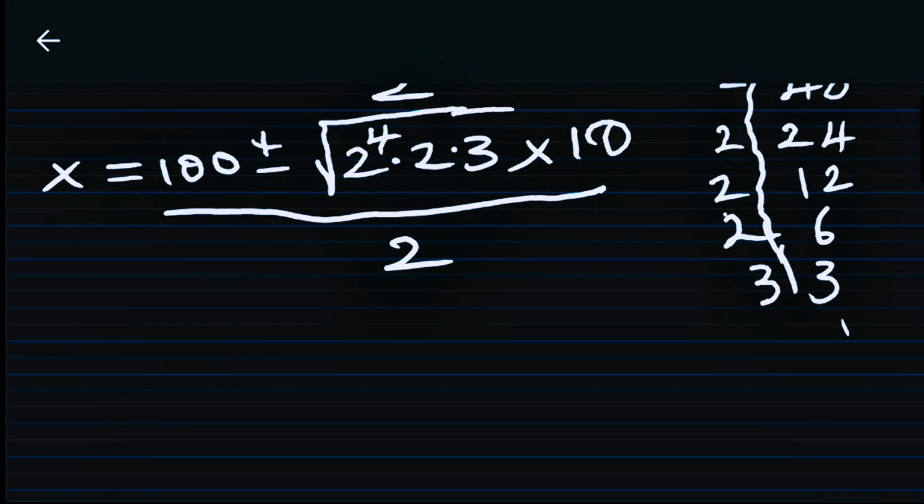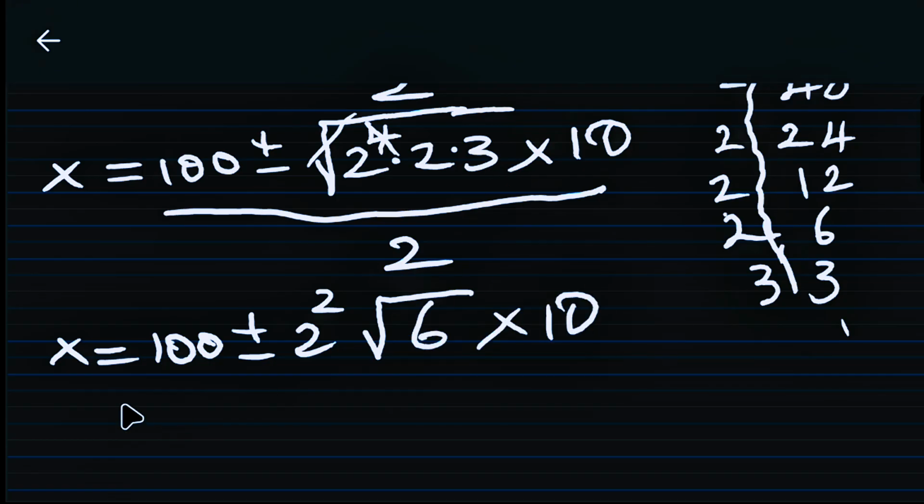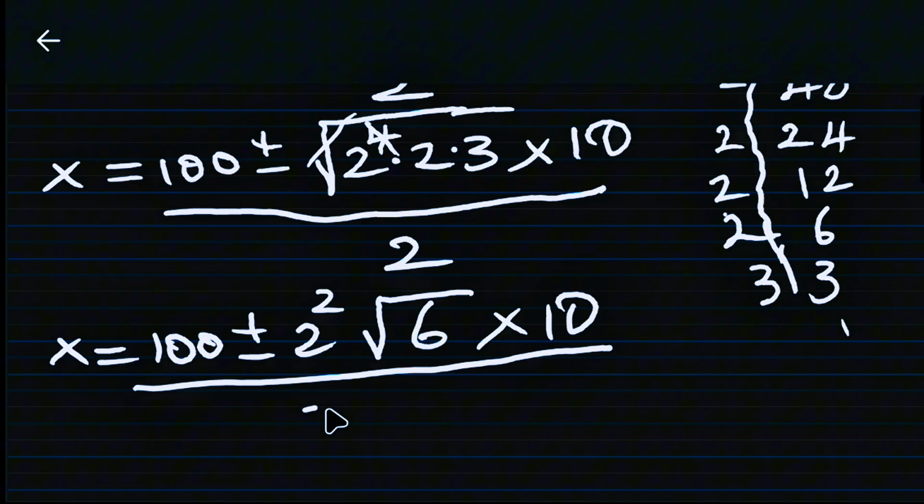Let's continue. So from here, x will be equal to 100 plus or minus. Now from here, the square root will cancel out the 4 here and we'll have 2 squared. And remember that this square root is for every number here. So we are going to have square root of 2 multiplied by 3 equals 6. Then multiply by 10. We'll divide everything by 2.